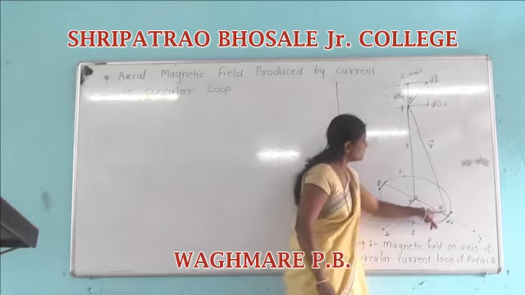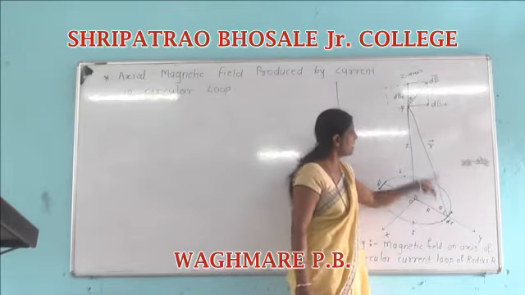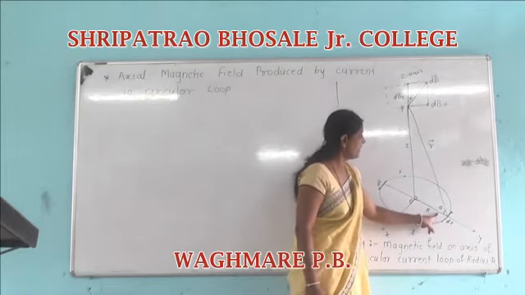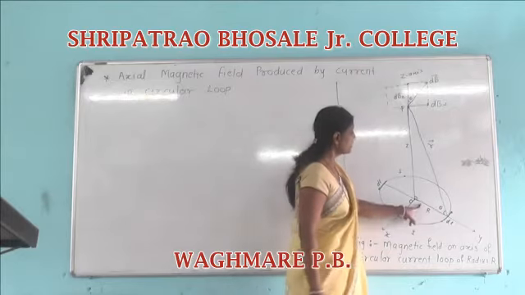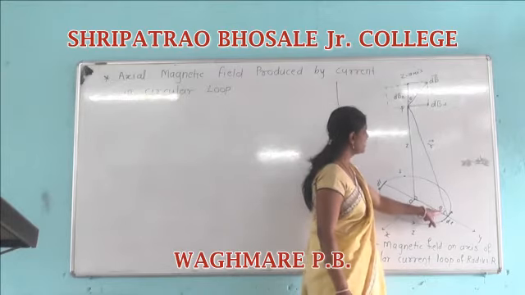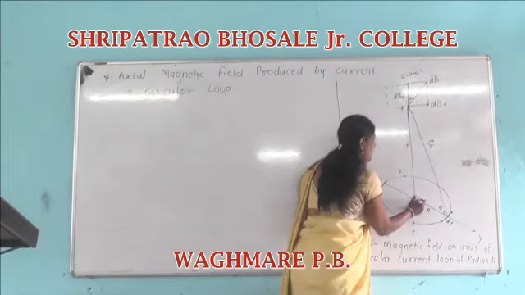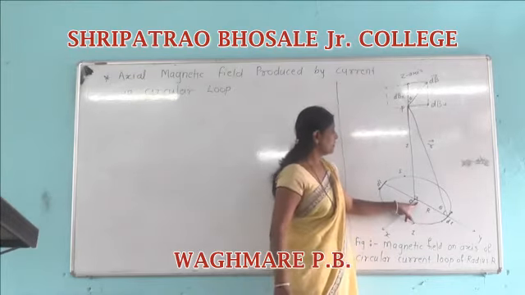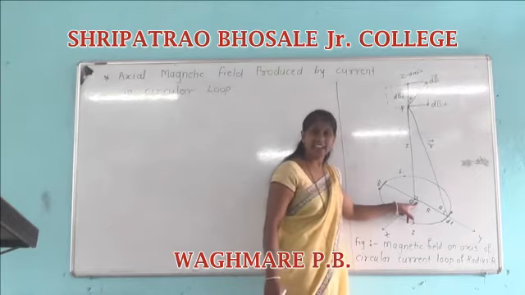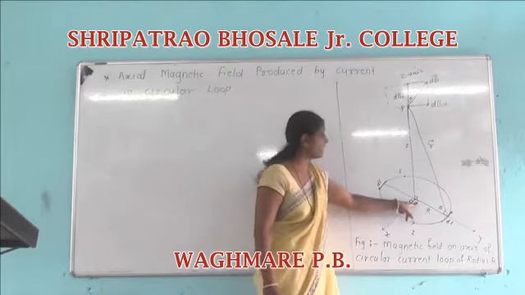Here we have considered an angle theta between r and the radius of the circular loop. This is the angle theta. The angle between the axis and the radius is always 90 degrees.